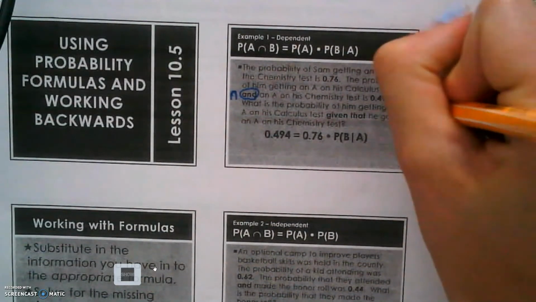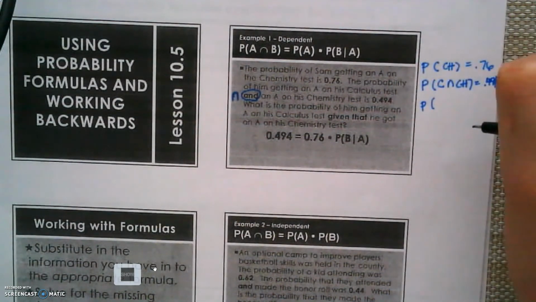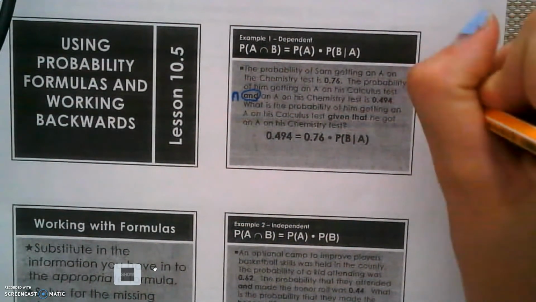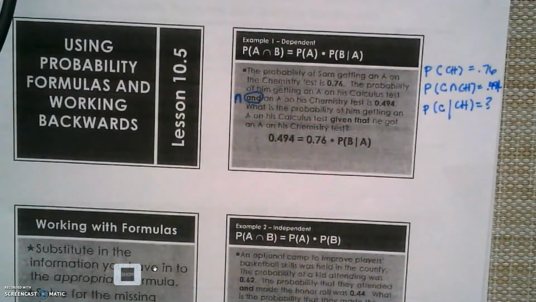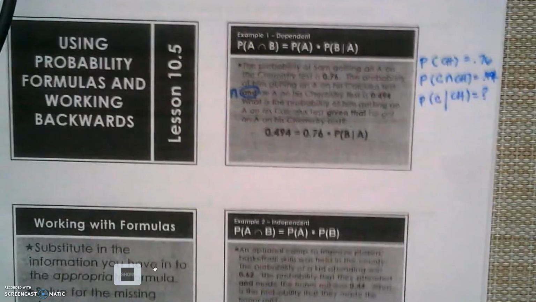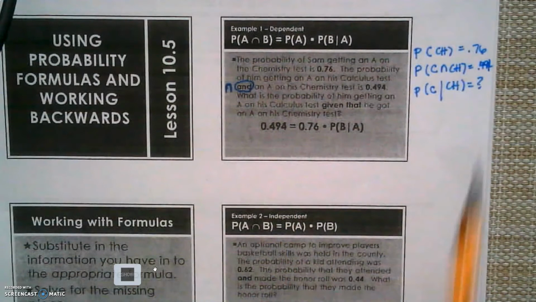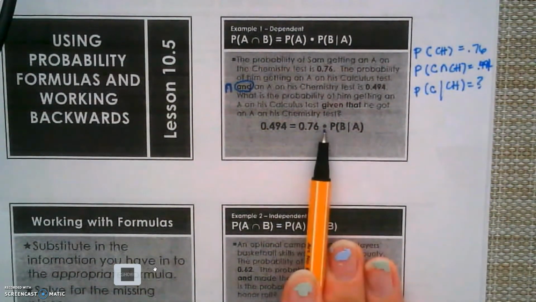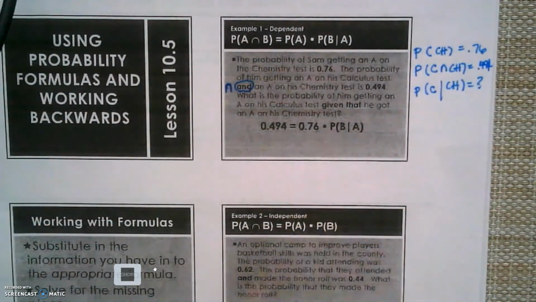And then they wanted the probability of calculus given chemistry. If those are the pieces, we're going to look at the formulas provided on that slide before to help us. What pieces does this match? It matches this dependent one. So we substitute in the information that we were given. Our formula has multiplication in it, so we undo multiplication with division.